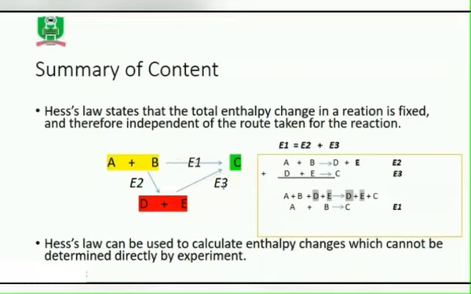And if that being the case, what we can therefore say is that the reaction A plus B to give D and E, that is this reaction here, plus D and E to give C, this reaction here, must therefore then be equal to A plus B to give C, that is this reaction here.